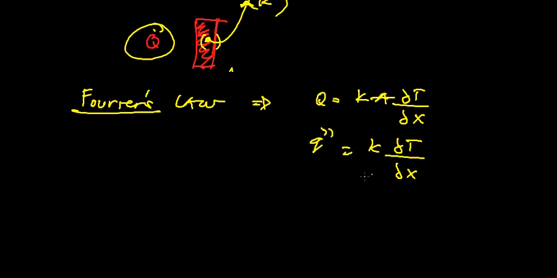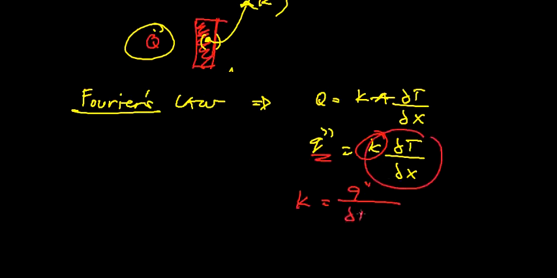So we have this. So based from this Fourier's law, we can now have the definition of our K, wherein our K is our heat flux divided by this part here, right?